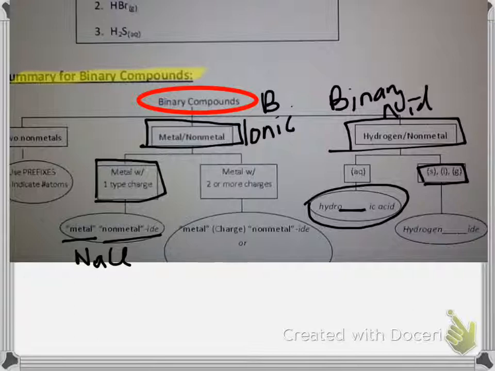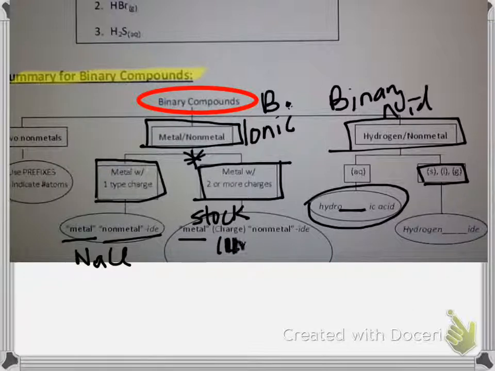However, you have to be careful. If your metal could have more than one stable oxidation state, you need to indicate in the name what the charge of the metal is. There's 2 ways to do this. You can either use the stock naming system, where you name the metal but then put the charge in Roman numerals inside parentheses, like I, II, III.